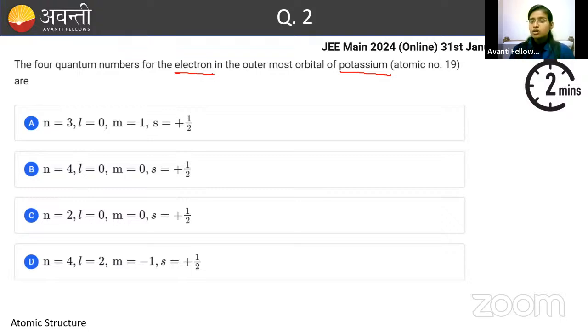To approach this question, first you need to write the electronic configuration of potassium. Since the atomic number is given as 19, the electronic configuration for potassium is 1s2, 2s2, 2p6, 3s2, 3p6 and 4s1.